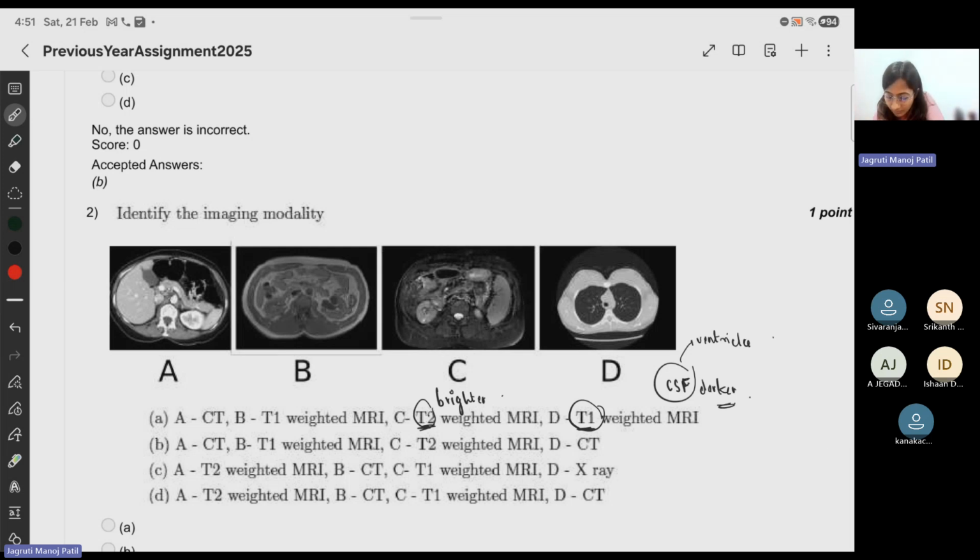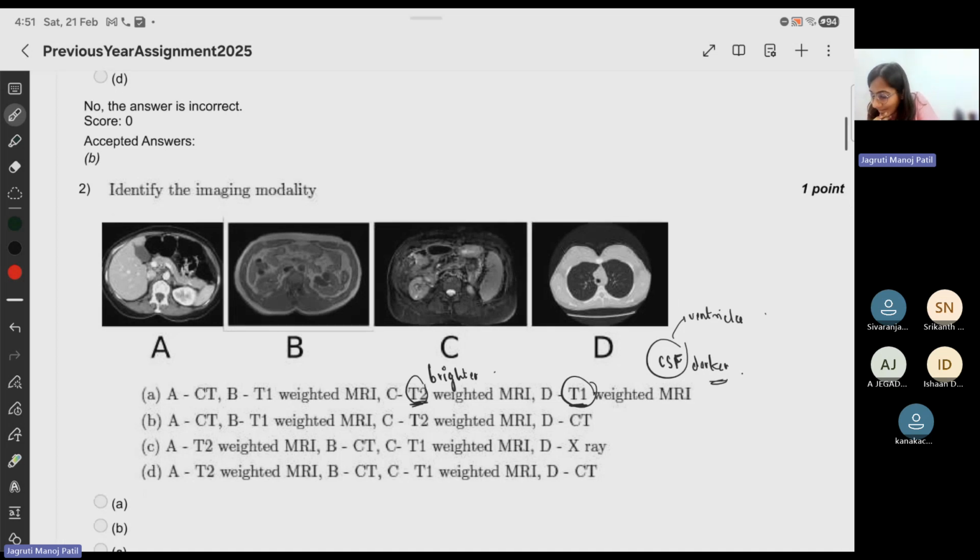So given this information, which one is which? In CT, the bones will have the highest intensity, which you see in A and D. And the T2 weighted images with more water content, as in more CSF, the ventricles which have more water there, would be brighter. So can you guess now?